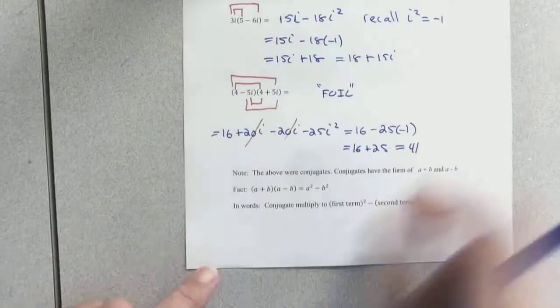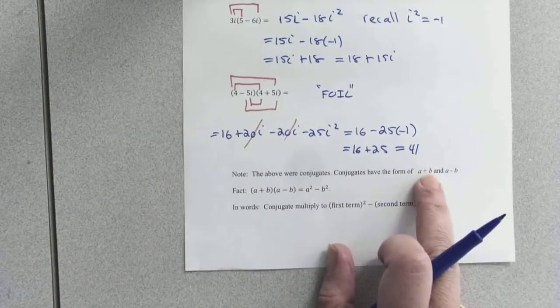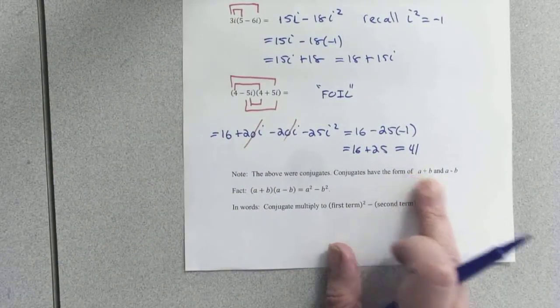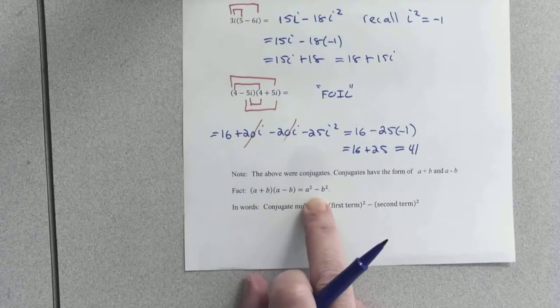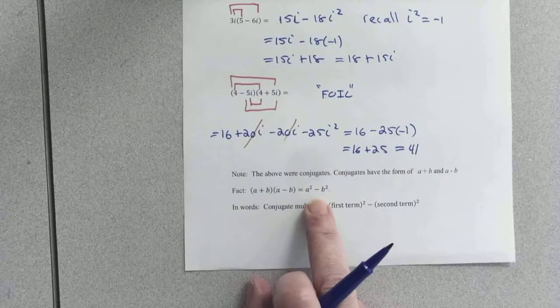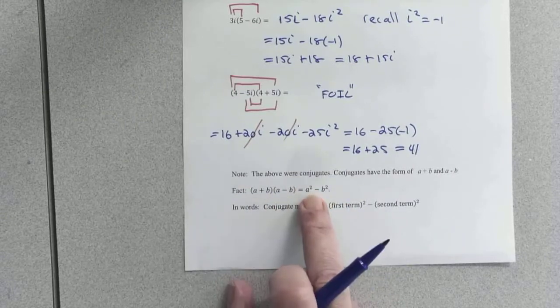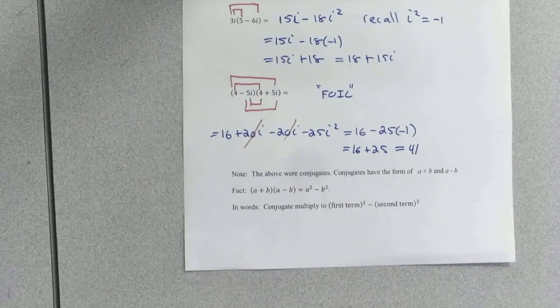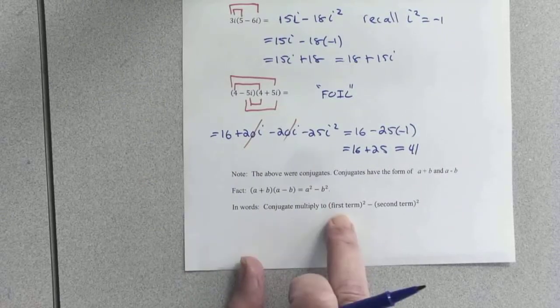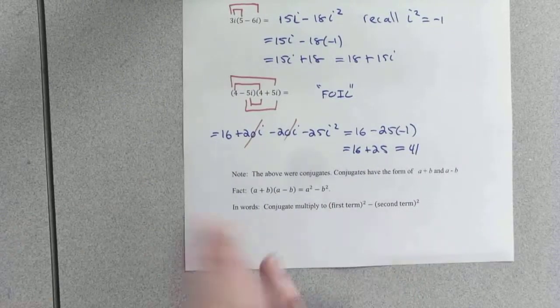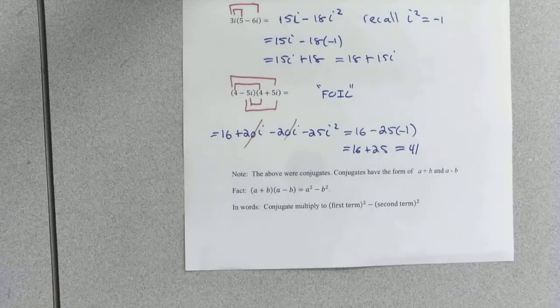And more in general, when you multiply conjugates, same terms, different signs, a plus b, a minus b, you will always get first term squared minus second term squared, always. If you FOIL that out and cancel like terms, you will always get a squared minus b squared. That always happens in conjugates.